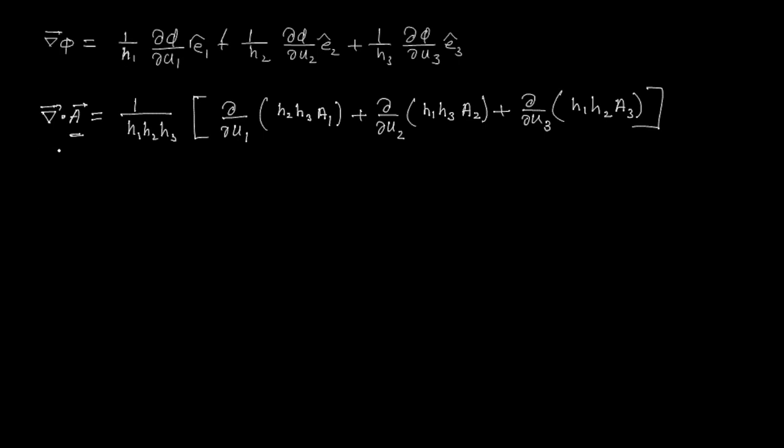If this A is given in spherical polar coordinate system, then you have to put this h1 h2 h3 and u1 u2 u3 according to spherical polar coordinates. And if it is given in cylindrical coordinate system, then you have to replace h1 h2 h3 and u1 u2 u3 in terms of cylindrical coordinates.